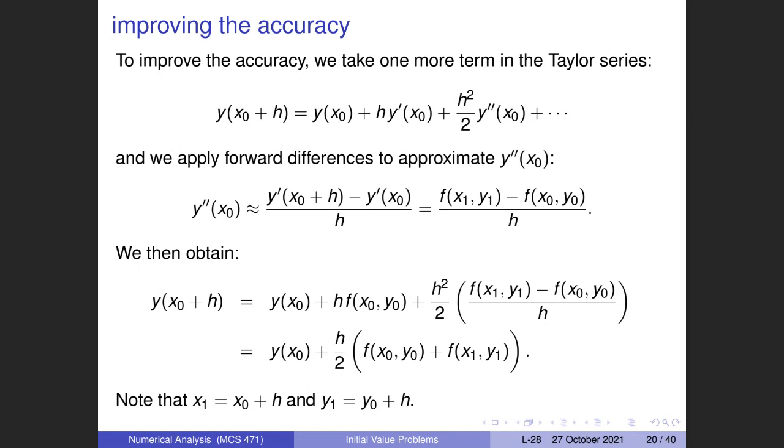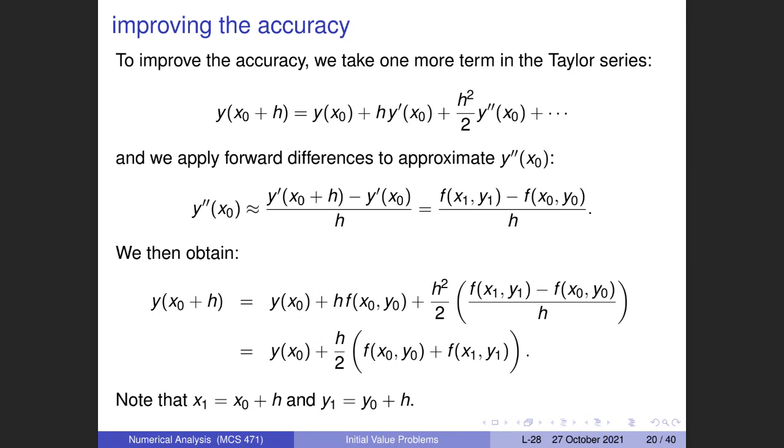All right, and this gives us a formula, the formula that will give us a more accurate approximation. We went one step further in the Taylor series, and we have derived the modified Euler method.